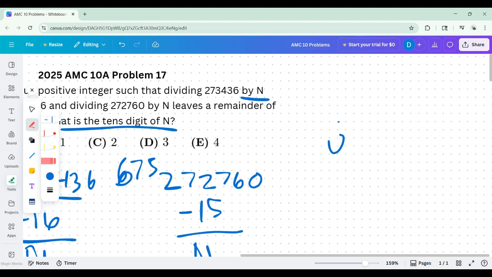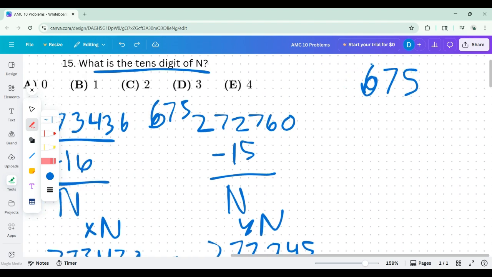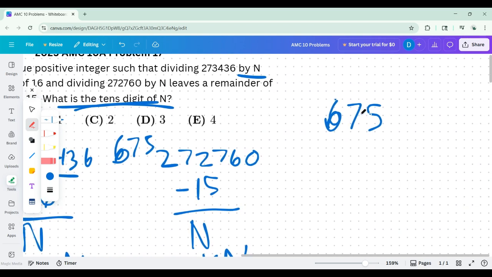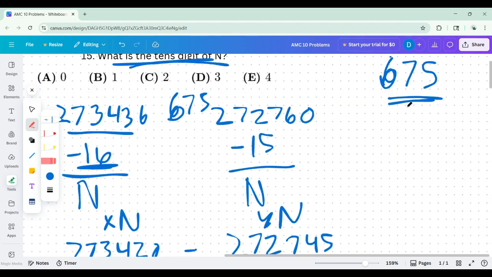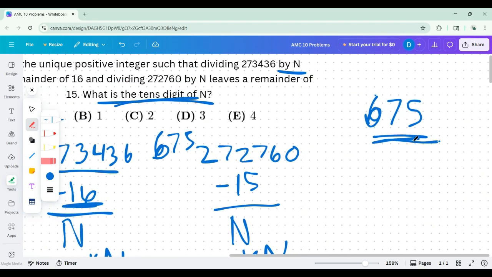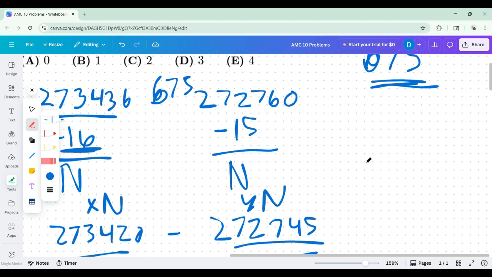So we can just test each one of these possible solutions, and then we can find which one works and the tens digit of that number. We can check all the factors of 675 and see which one works for n.